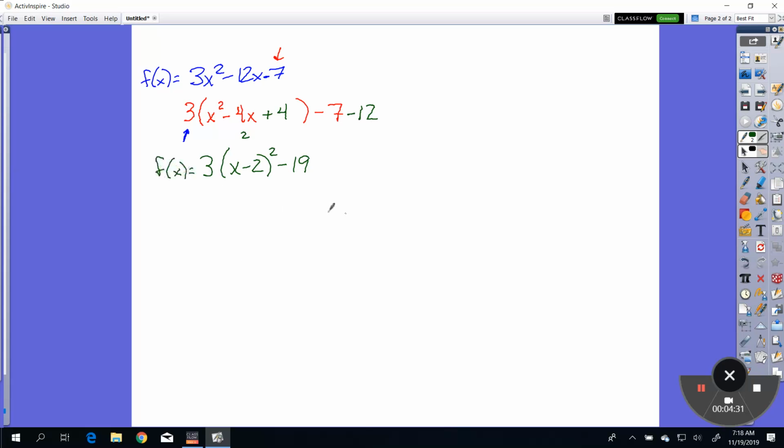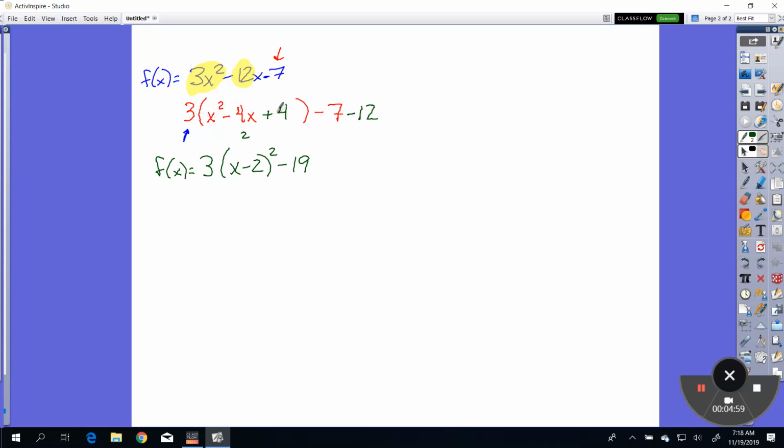Can you walk through why you got the minus 4 and plus 4? So I divided all of these by 3, which really I just factored it out. So that gave me the x squared minus 4x. And then half of 4 is? And 2 squared is? 4. So I added 4 right here.